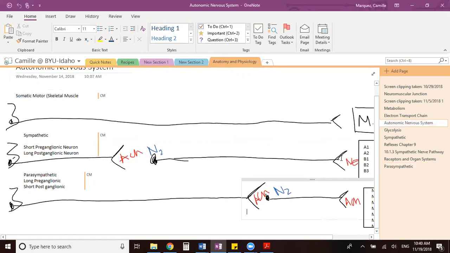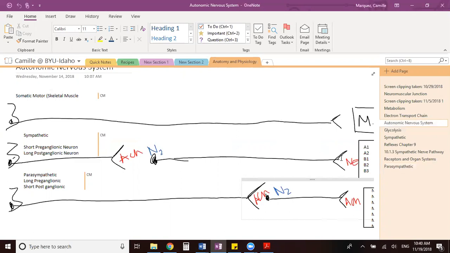At the end of the postganglionic neuron, it releases norepinephrine, or NE, as its neurotransmitter. Norepinephrine can bind to alpha-1, alpha-2, beta-1, beta-2, or beta-3. Part of this chapter is knowing what kind of receptor it's going to bind to.